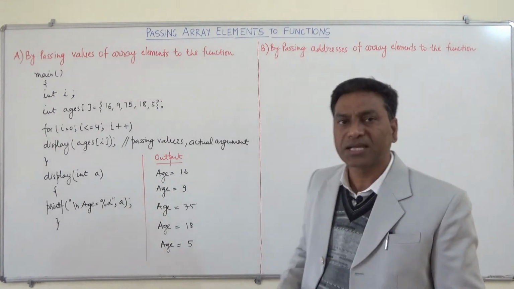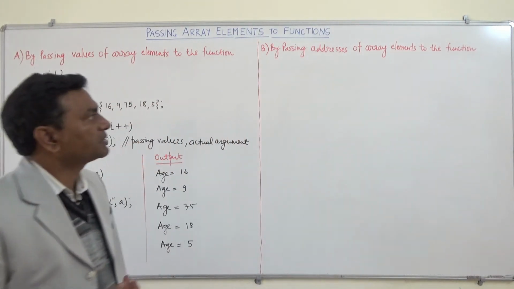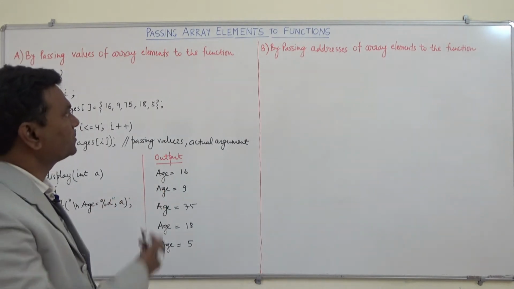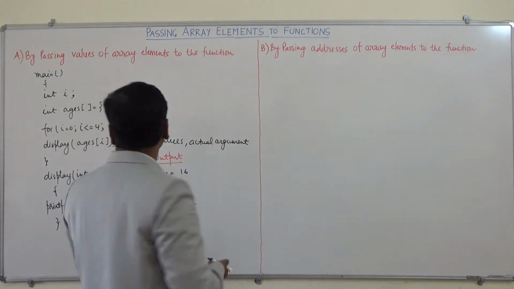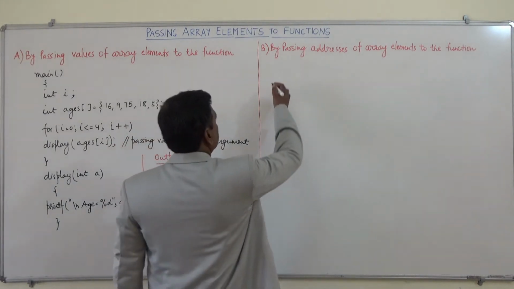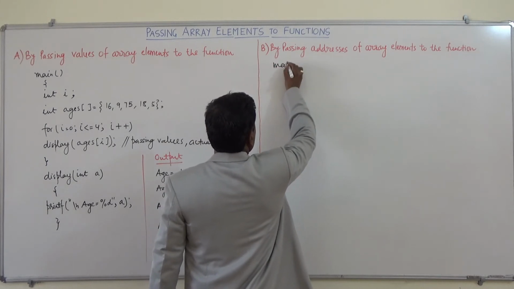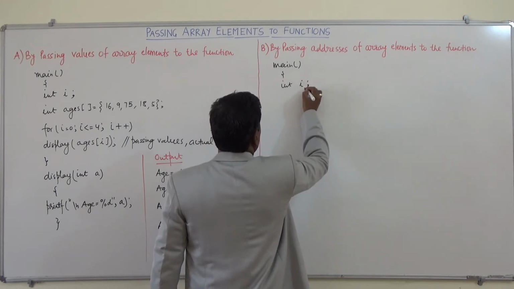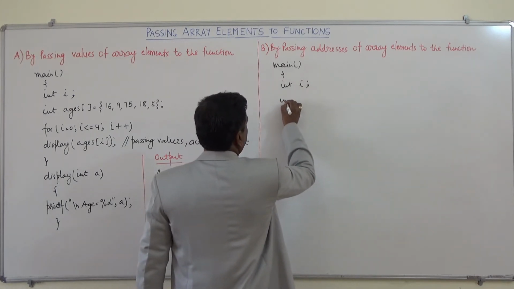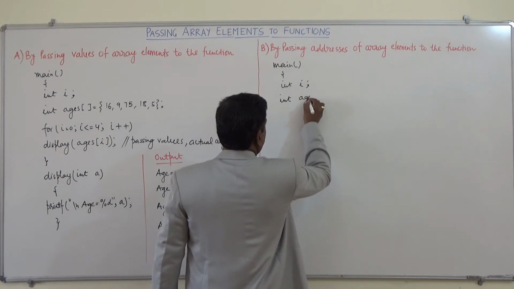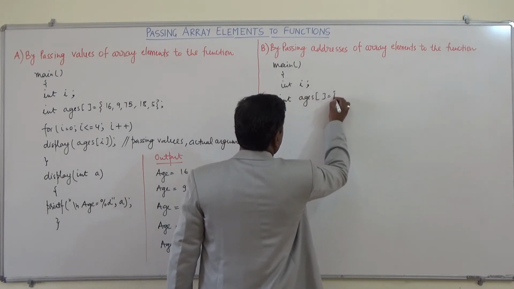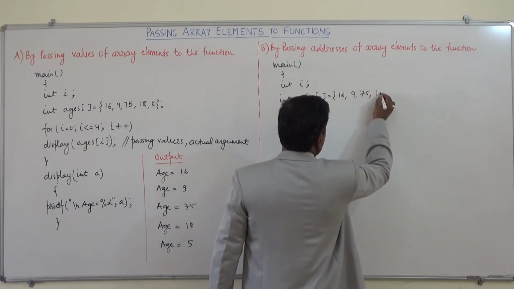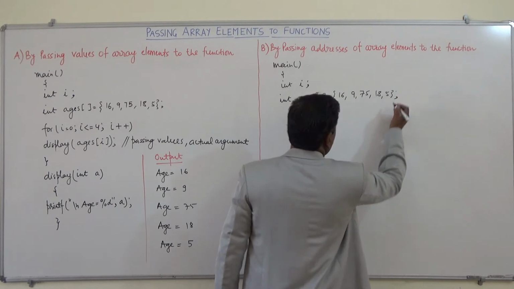Now we will see its second part, when we are passing the addresses of array elements to the function. This also we will understand with the help of an example. We can take the same example, but we will make some changes. Like main, here we are taking the variable I, and then the same array that is containing the 5 elements, 16, 9, 75, 18, 5.